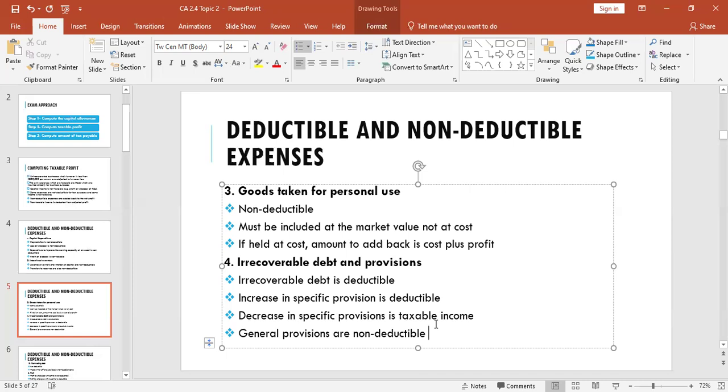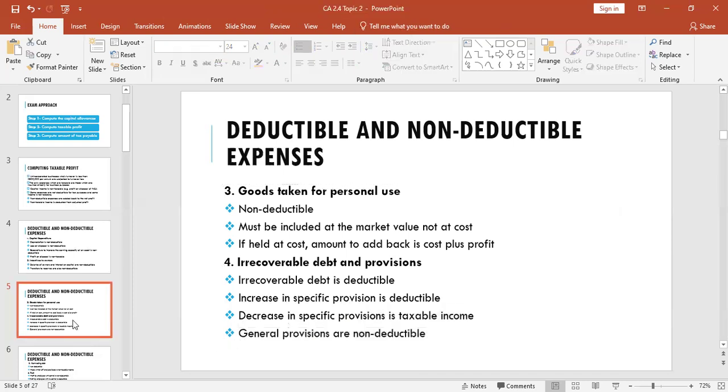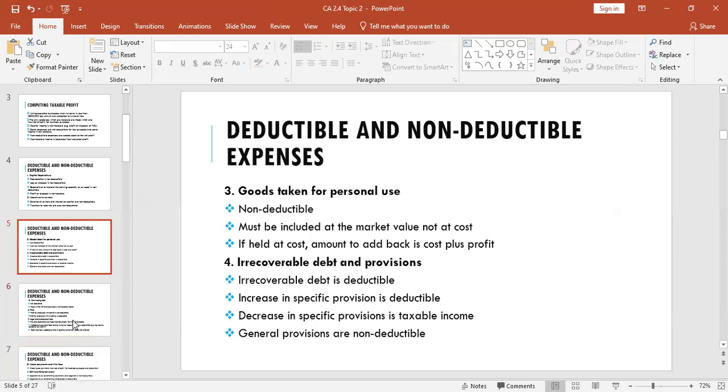But the general provision says maybe 30% of those debts are going to go bad. So it's not specific, but it's general. So those general provisions are not deductible for tax purposes. Are we together?